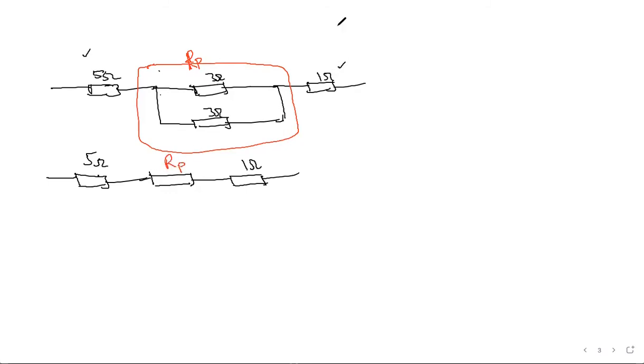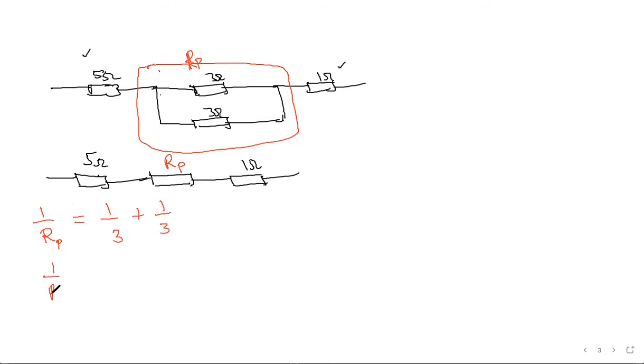First, I'll have to do the parallel connection. Once I get the resistance for the parallel connection, then I'll just add it to the series ones. So how do I get RP? For the parallel part, 1 over RP should be equal to 1 over 3 plus 1 over 3.